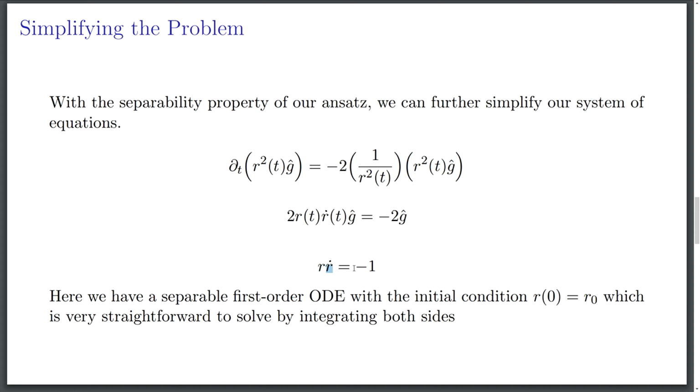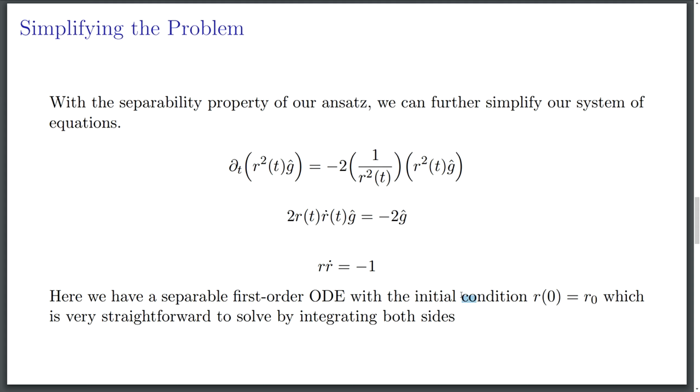R dot is equal to -1. And furthermore, our initial condition, rather than being like the metric tensor of some sphere with radius r0, just becomes r of 0 equals r0. And that's easy to solve.